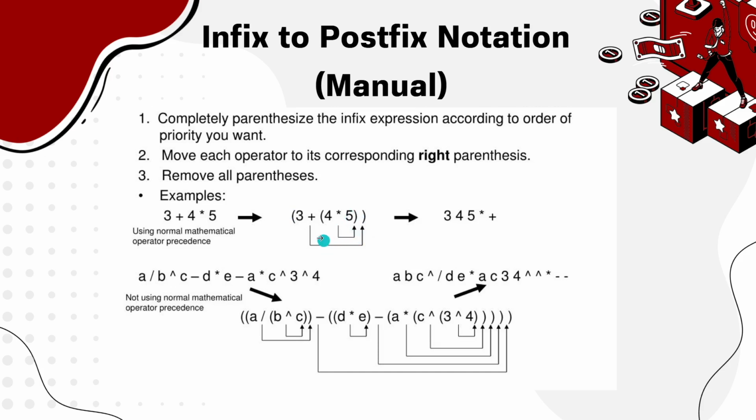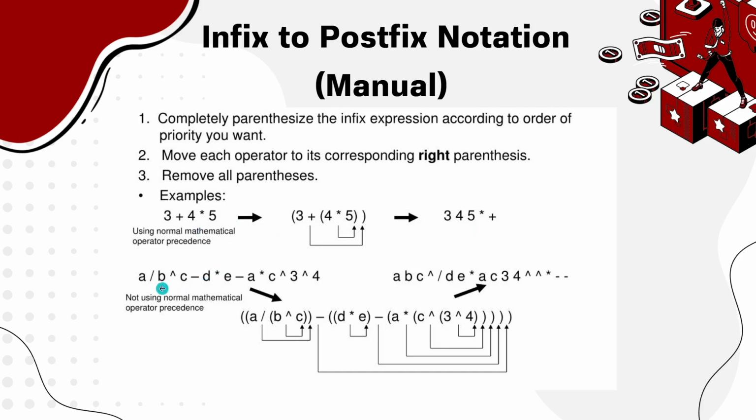In order to convert this expression into a postfix notation, you have to move the operator towards the closing brackets. Whatever operator lies between any brackets has to be moved towards its closing bracket. So, star has to be moved towards the closing bracket, that is after 5. Plus has to be moved towards its closing bracket, that is after star, right. So, this is how this expression would be converted to postfix. The result would be 3, 4, 5 star and plus. This is the equivalent postfix notation for the given expression.